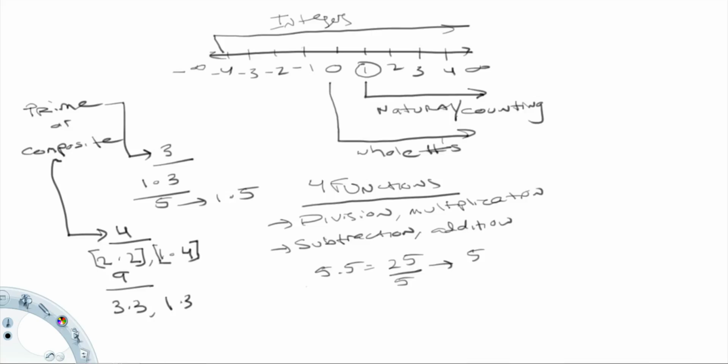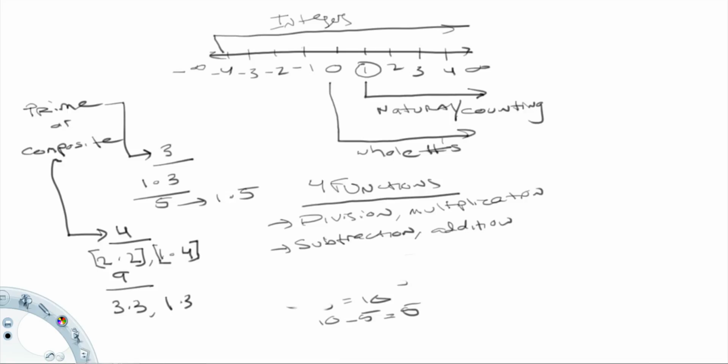Or same thing, vice versa with subtraction and addition. 5 plus 5 equals 10, or if I subtract 5 from 10, I get 5. So they work hand in hand, and you'll see in later stages of math how that concept applies to multivariables, etc. So to understand that now is essential. Let me erase this real quick.